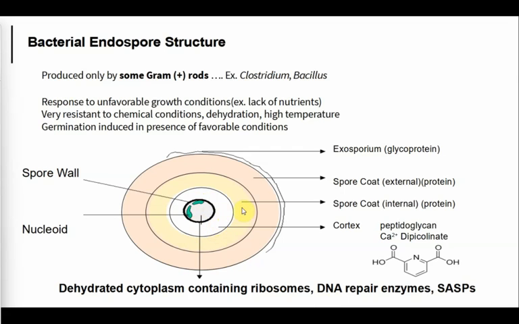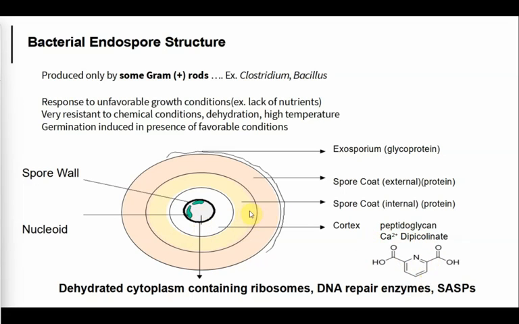Then afterwards you have the cortex of the spore, which is formed of a very thick layer of peptidoglycan. And it also includes this small molecule called dipicolinate, which is this thing here. So there's a lot of dipicolinate in the cortex.